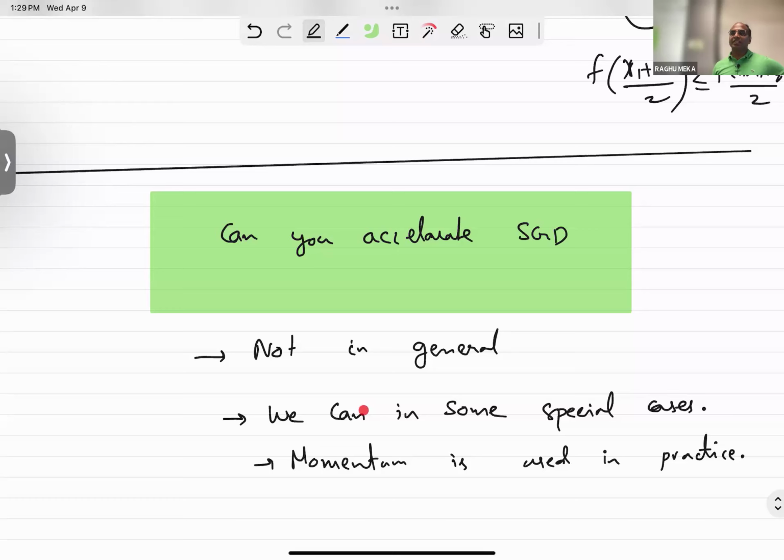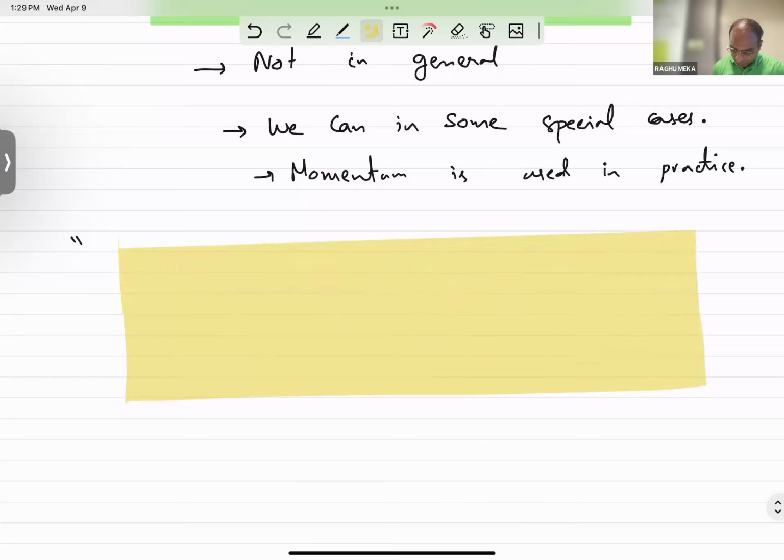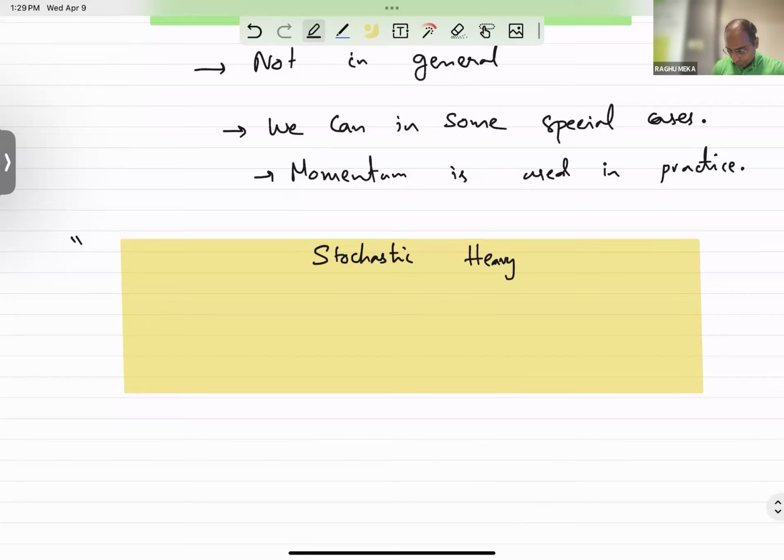Okay. So for instance, let's say you wanted stochastic heavy ball.